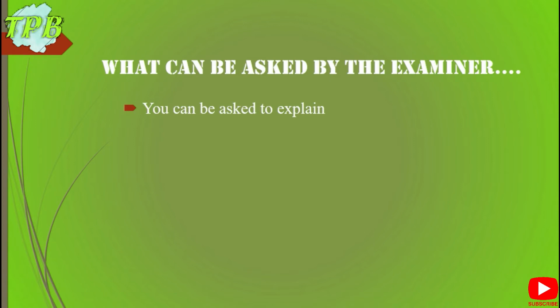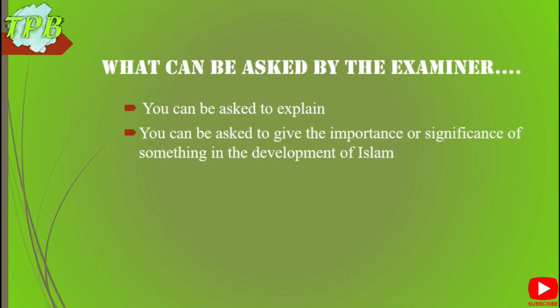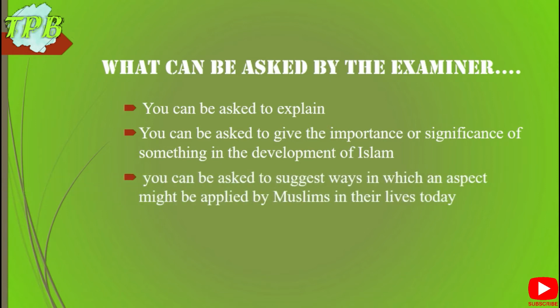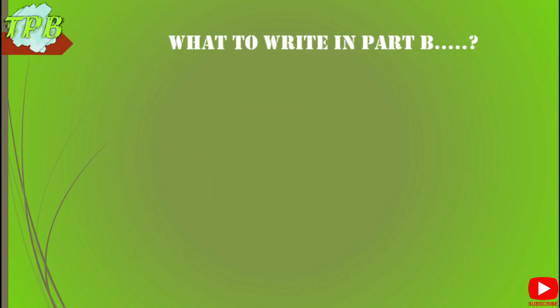The examiner can ask to explain the importance or significance of something in the development of Islam. The candidate can also be asked to suggest ways in which an aspect might be applied by Muslims in their daily lives today.